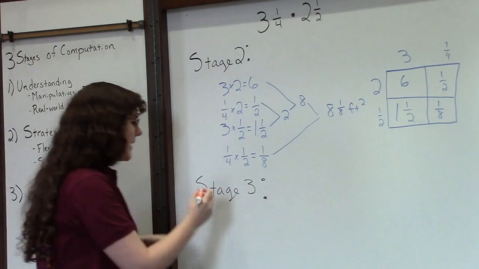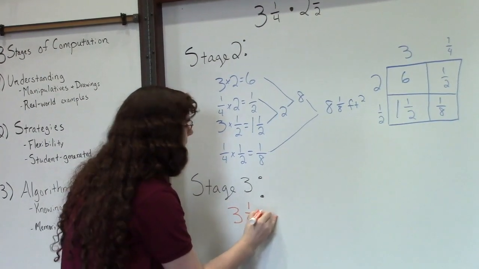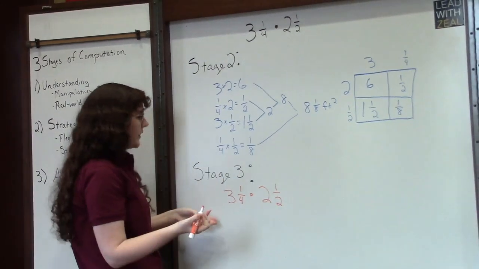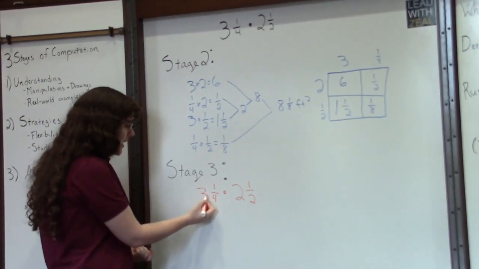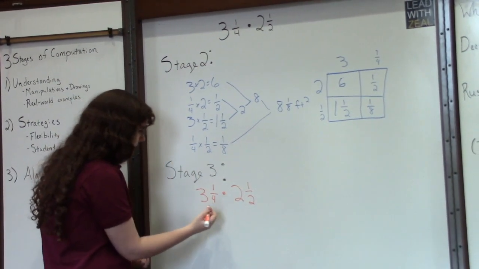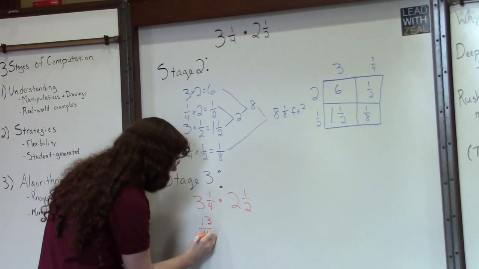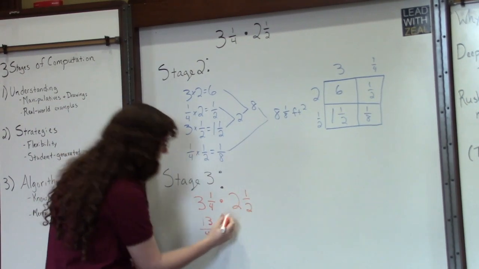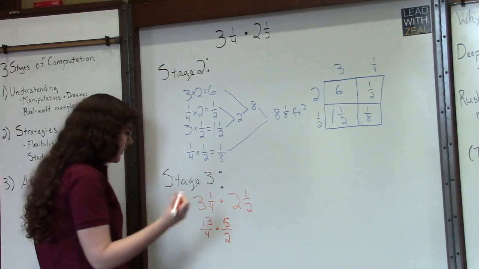So if you have 3 and a fourth times 2 and a half, the first step would of course be to take this 4 and multiply it by the 3, which gets you 12, and then you add 1. So you would end up with 13 fourths times, well, 2 times 2 gets you 4, plus 1 more gets you 5 halves. And then you have to multiply.